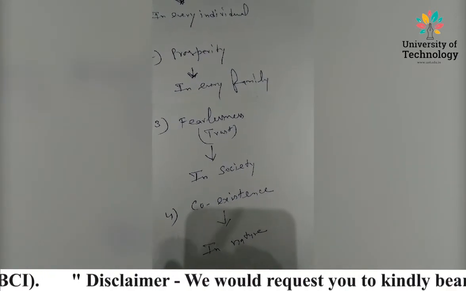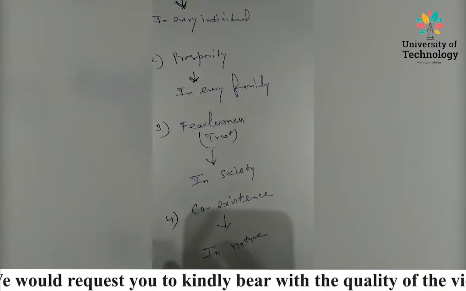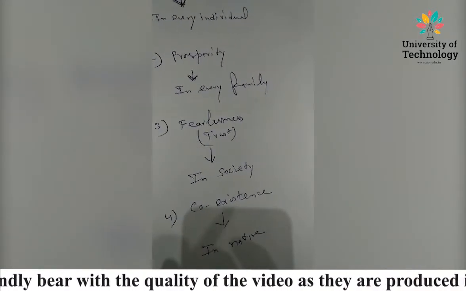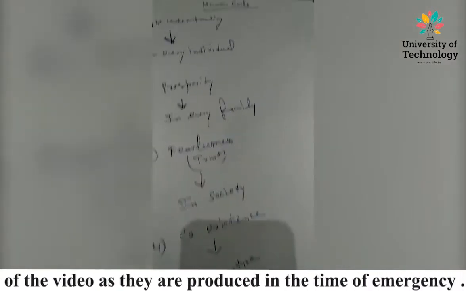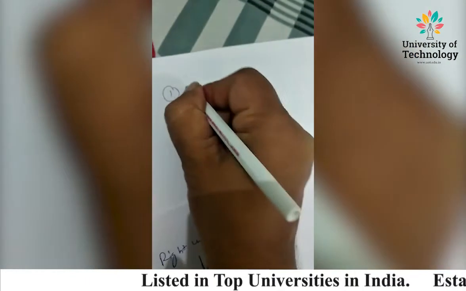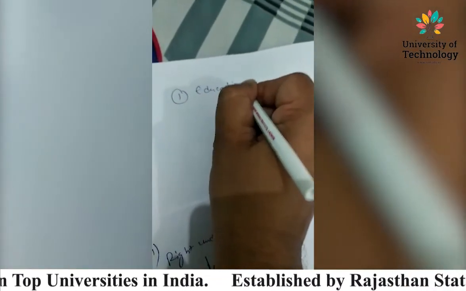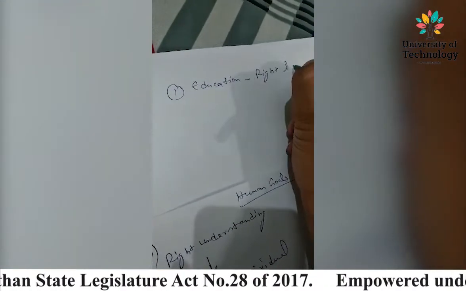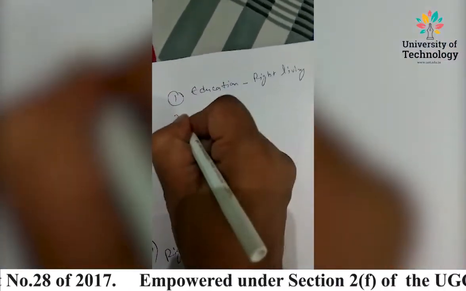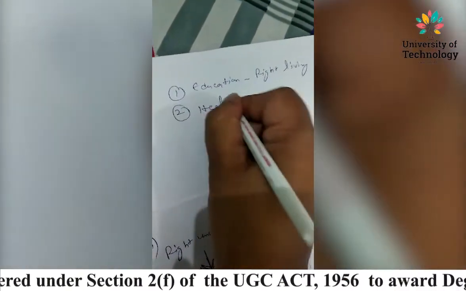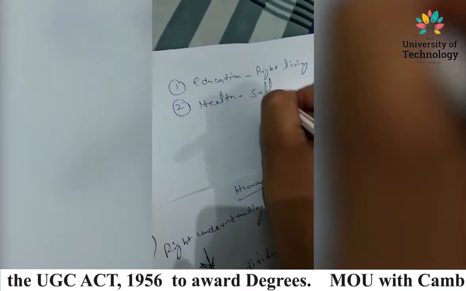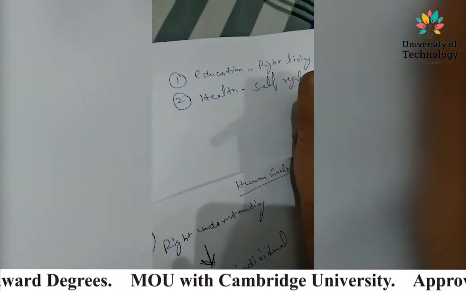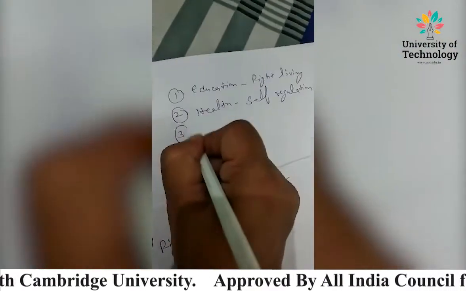In light of the comprehensive human goal, the following five salient dimensions of human endeavor are to be shaped and implemented in society. First, education. It means right living. Second, health. It means self regulation. Third, justice.